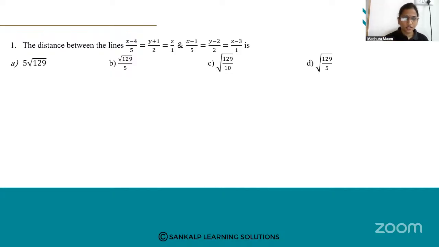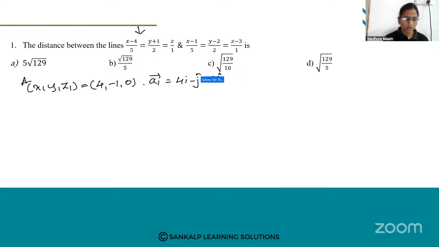So from the first equation, if I write x1, y1, z1 of point A, what do I get? 4, minus 1, 0. x minus 4, y plus 1, so minus of minus gives minus 1, and this is z minus 0. So the position vector is 4i minus j plus 0k.